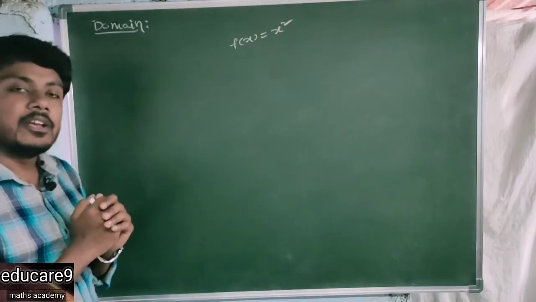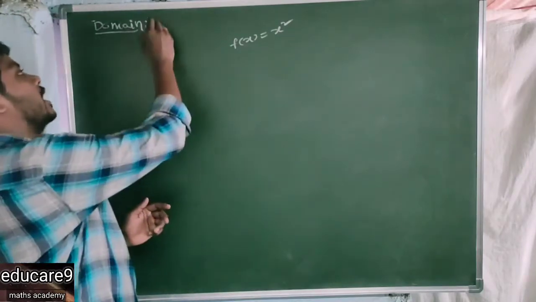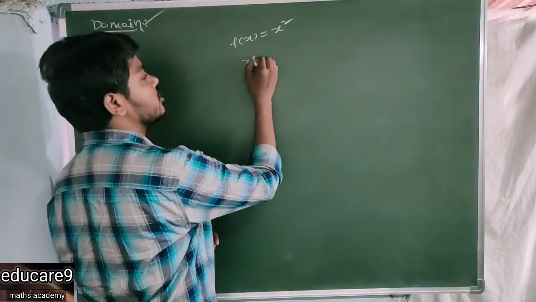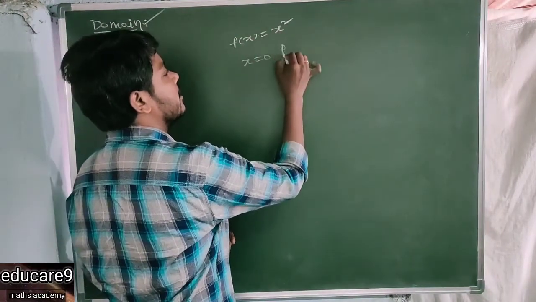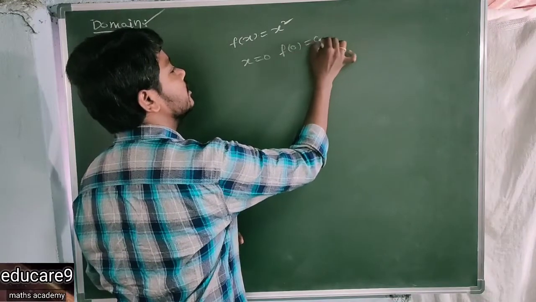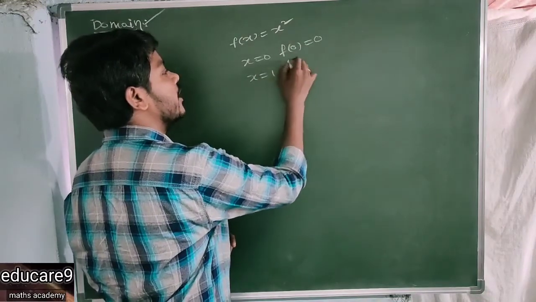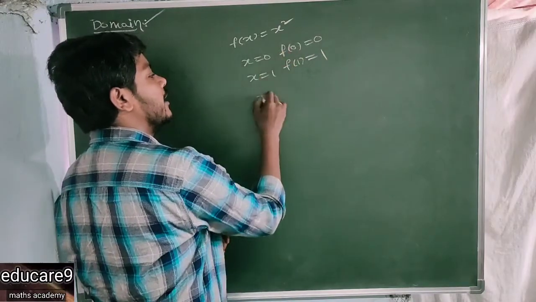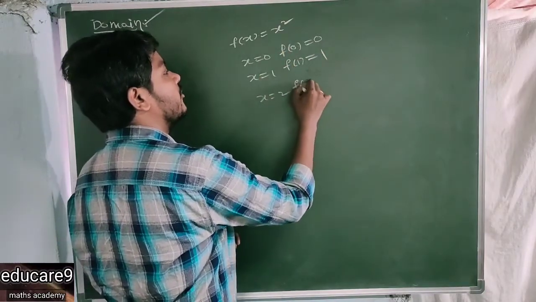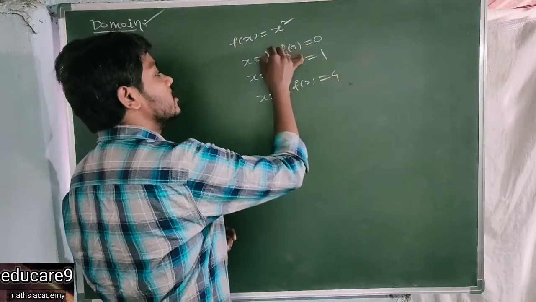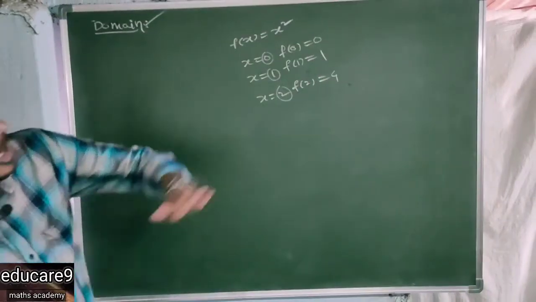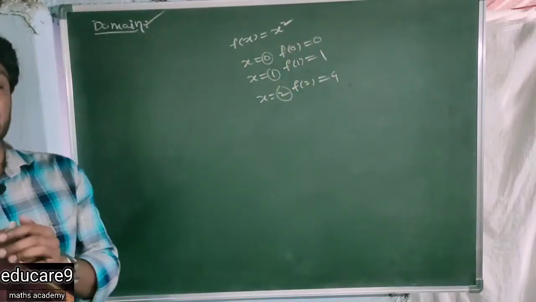So clearly all input values are domain values. For example, x is equal to 0, f of 0 is 0. If x is equal to 1, f of 1 is 1. If x is equal to 2, f of 2 is 4. So these input values are always the domain and output values are always the range.